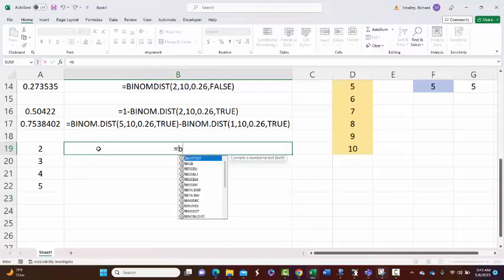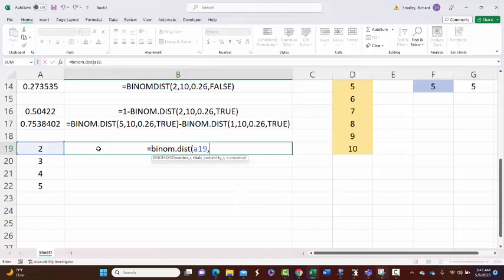Equals binom dist. I'm going to use the cell reference. So the number of successes will be A19 in this case. A19, 10, 0.26, false.